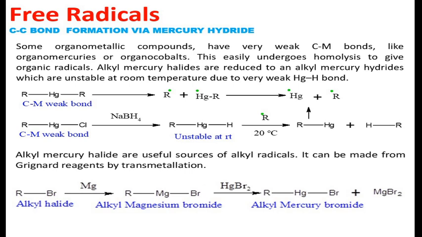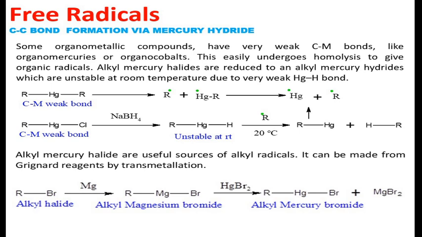Alkyl mercury halides are reduced to alkyl mercury hydrides. See the second reaction: RHgCl, alkyl mercury halides, are reduced with the reducing agent sodium borohydride to the alkyl mercury hydride. This is unstable.